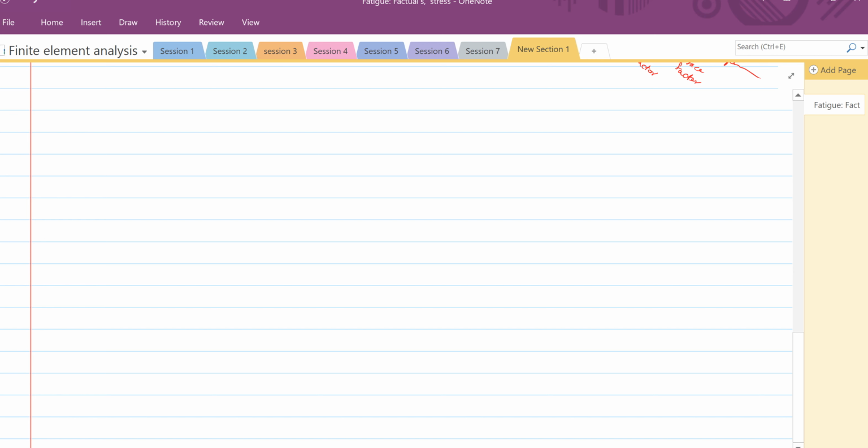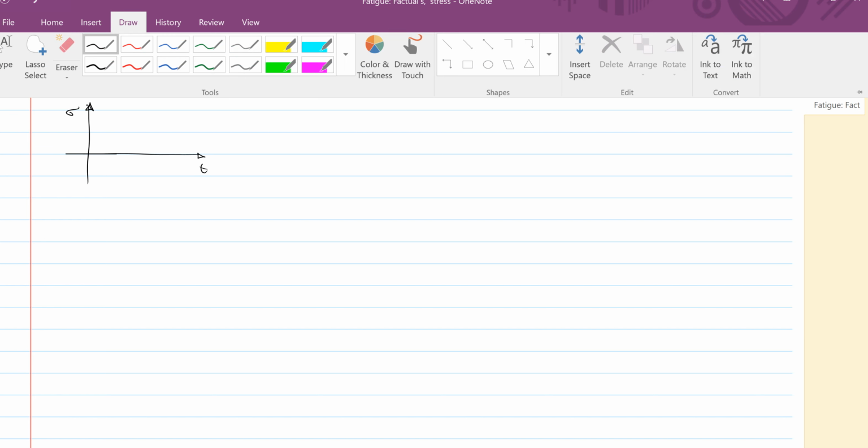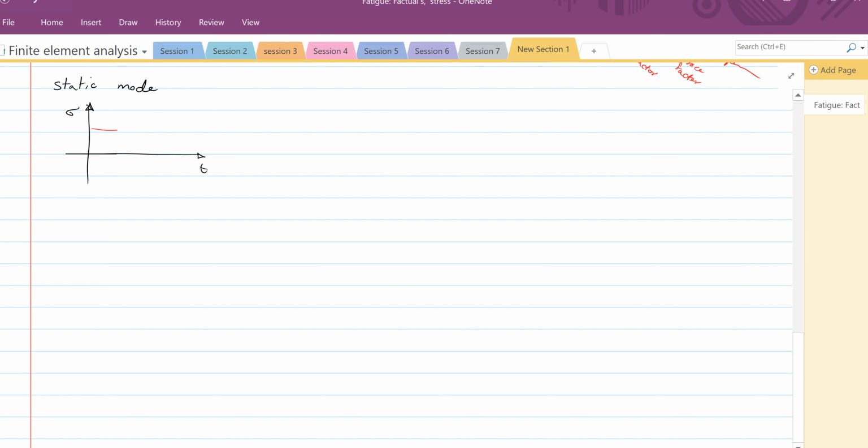Okay, let's consider static loading, static mode. When I say it's a static mode, it means the stress and time graph is going to be like this, constant as time passes.